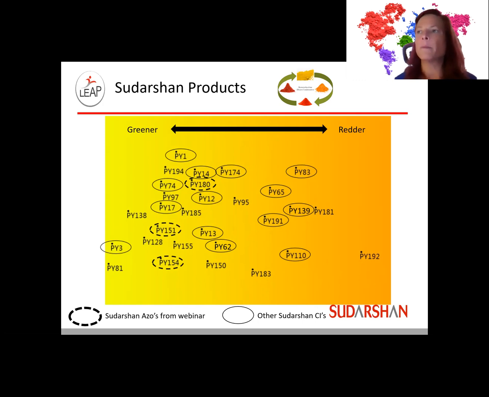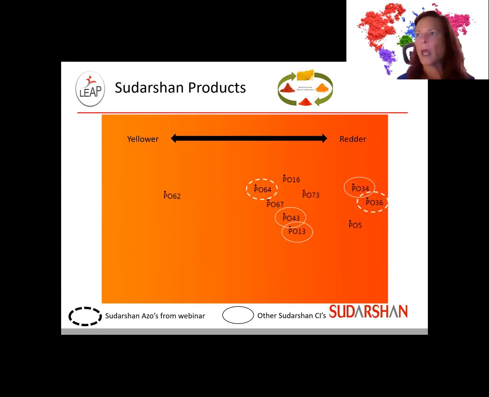These azo pigments are more towards the greener side, so you can get a feel for where they sit versus other color indexes in the yellow color space. And in the orange color space, we talked about the orange 64 and the orange 36. You can see how much yellower the orange 64 is versus the orange 36.